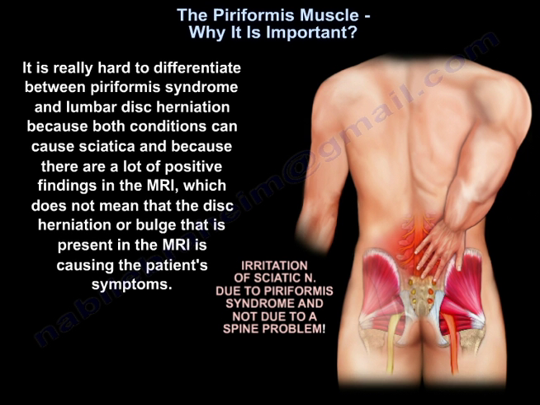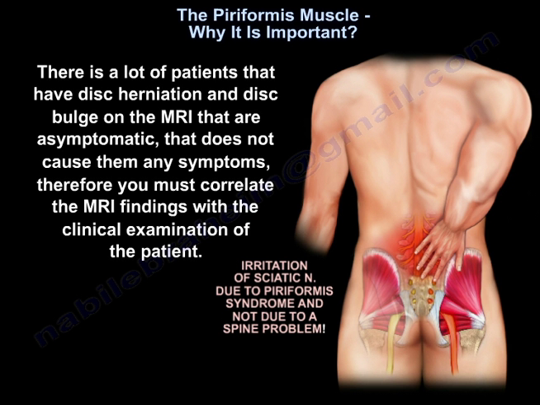It is really hard to differentiate between piriformis syndrome and lumbar disc herniation because both conditions can cause sciatica. And because there's a lot of positive findings in the MRI, it does not mean that a disc herniation or bulge that's present in the MRI is causing the patient's symptoms.